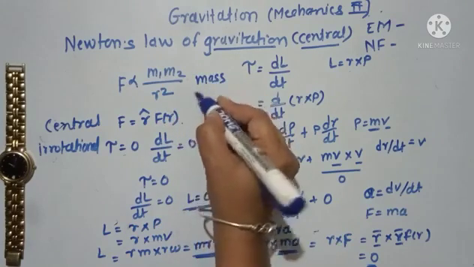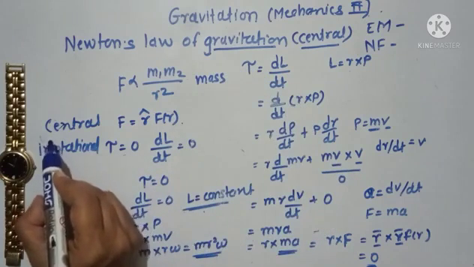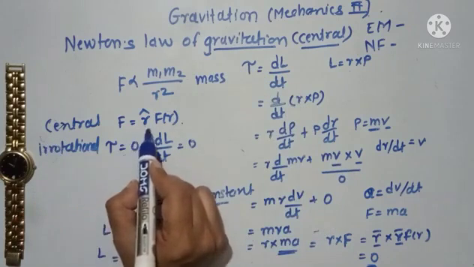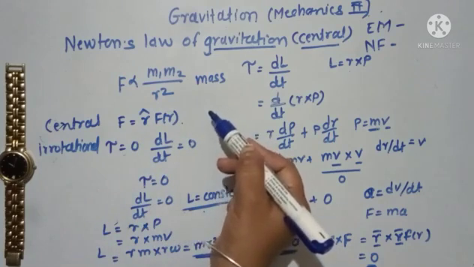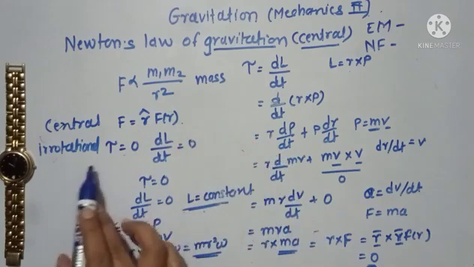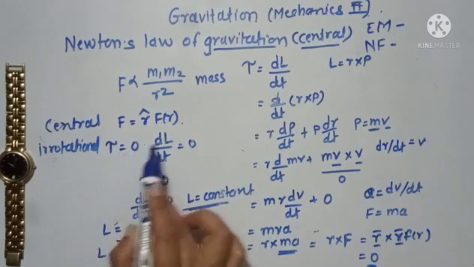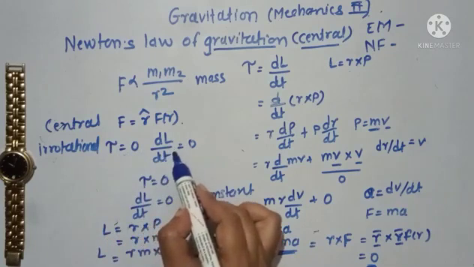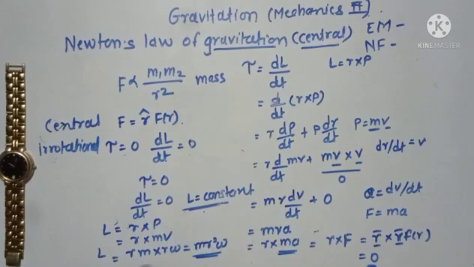Greater the mass, greater will be the gravitational force field of that body. This type of force is a central force, which is a function of only distance, and it is independent of theta and phi. This force is also irrotational. Irrotational means the torque is equal to 0, or we can say that the angular momentum is constant, and this angular momentum is nothing but m r squared omega.